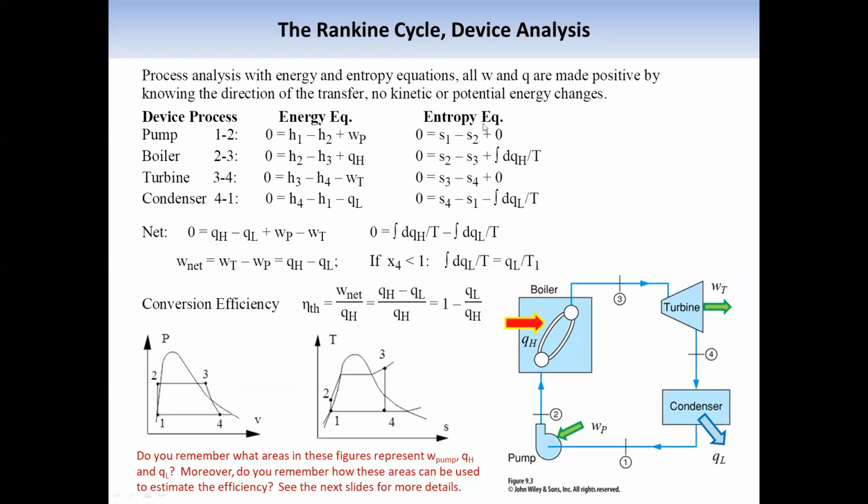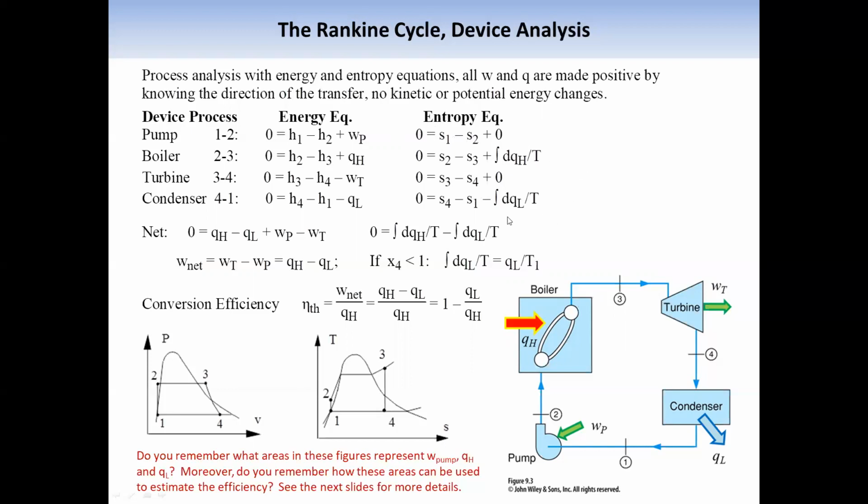So this is a simple entropy balance equation for the pump. For the boiler, we have a heat transfer, but if we assume it's a reversible situation, then we don't have to include the entropy generation term.